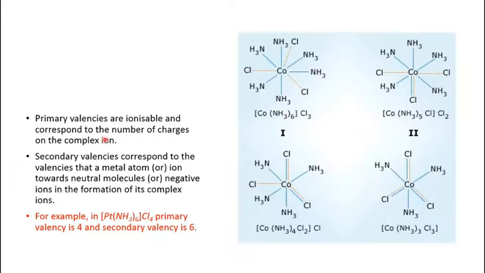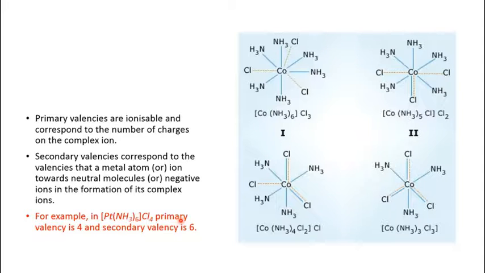Then, to summarize, primary valences are ionizable and correspond to the number of charges on the complex ion, as I have told you before. And secondary valences are the coordination number around the central metal ion. So for example, I am considering here Pt(NH3)6 inside the coordination sphere, and you have Cl4 outside.